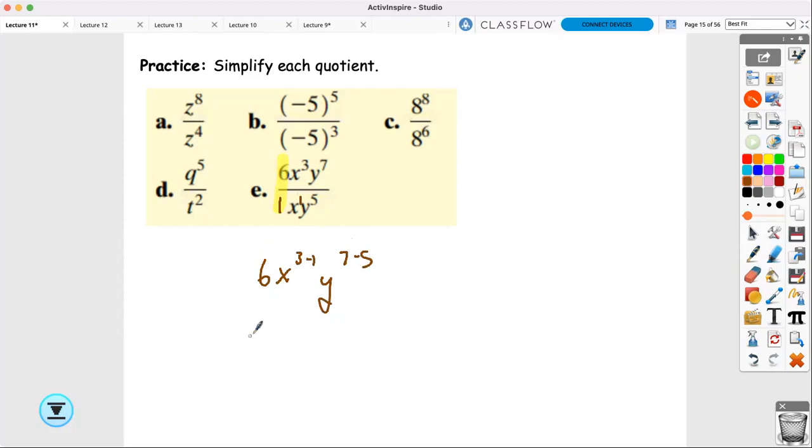Simplify those. 3 minus 1 is 2. 7 minus 5 is 2. And we can't simplify anymore, so we are done. Any questions for the steps for E, guys? Any questions at all?